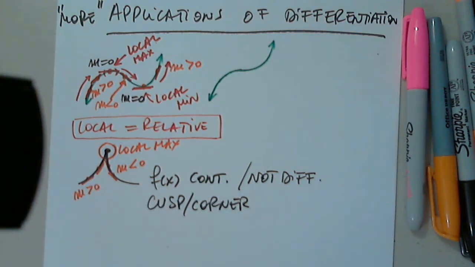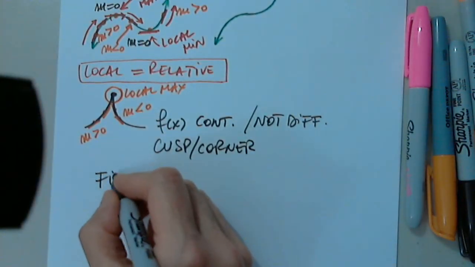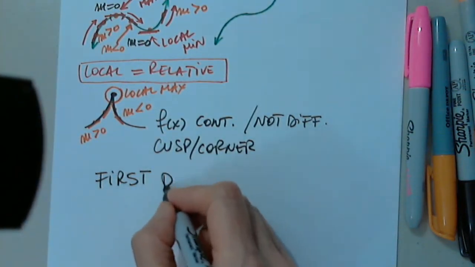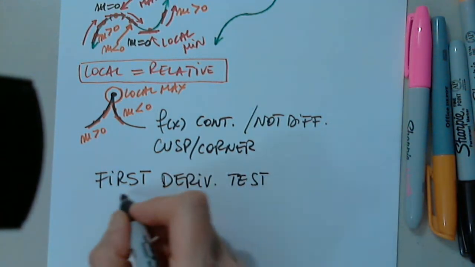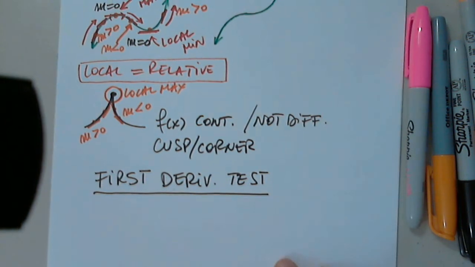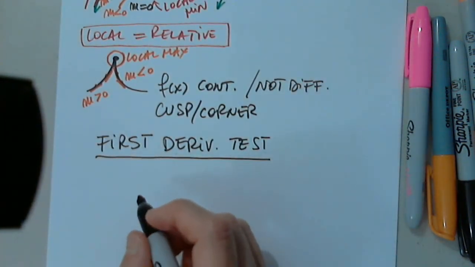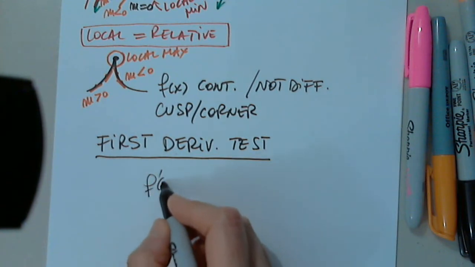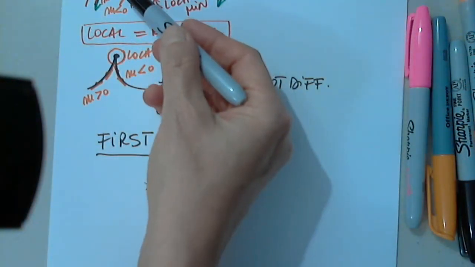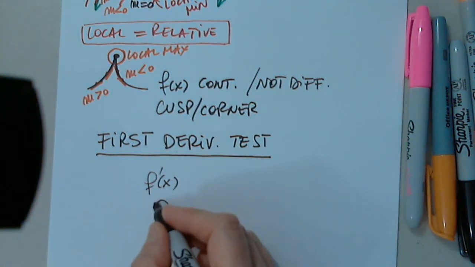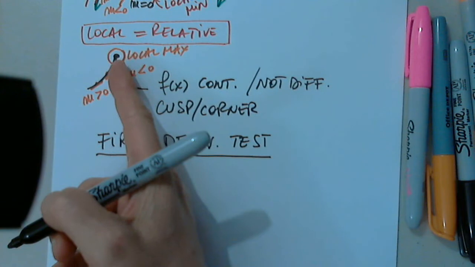So here's our conclusion so far, also called the first derivative test. And I like to present it with symbols. So let's say this is the first derivative. It's 0 or undefined, because it's undefined here.